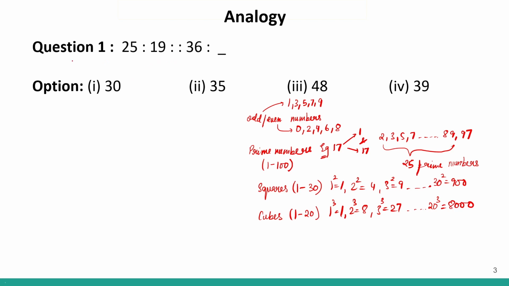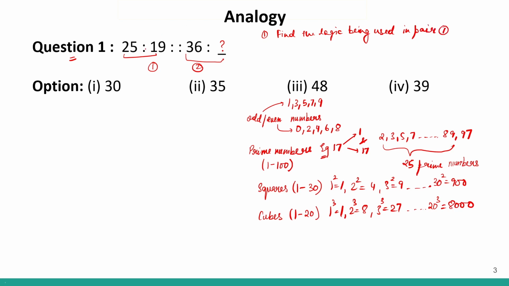Okay, so let us look at question number 1. We have 25, 19 and 36, and we have to find the missing term. So how do we solve questions on analogy? First, we find out the pairs. The first step is to find the logic being used in pair 1, that is, how the elements in pair 1 are connected.